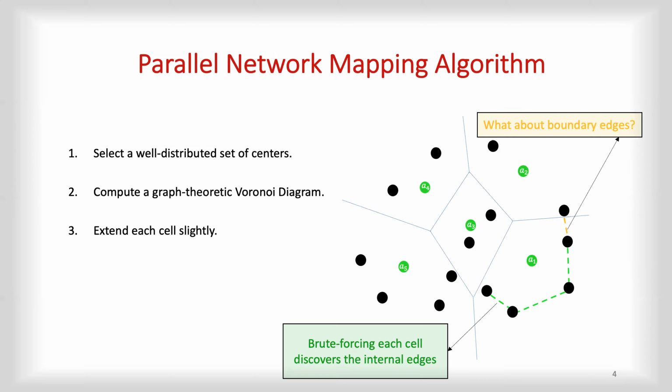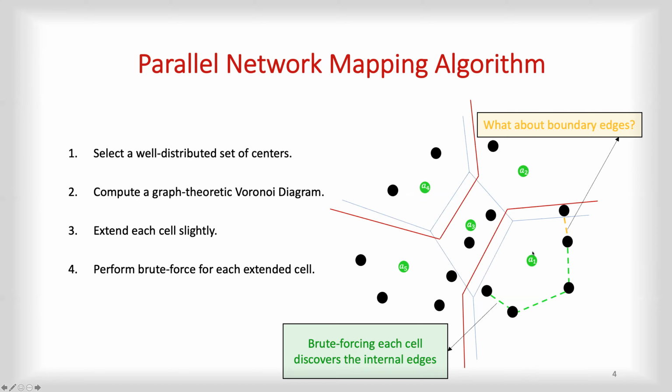To find the boundary edges, we argue that if we extend each of these cells slightly, for example, the cell centered at A4 would look like this, and the cell centered at A1 is going to look like this, and then we perform brute force for each of these extended cells, it is going to discover all of the edges. We'll see later why.